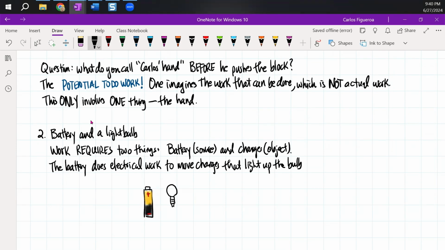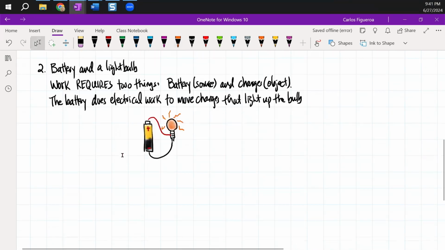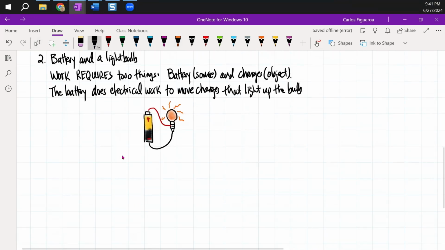The way I connect it is that I typically connect, let's say, a red wire to the side of the case, and then the black wire comes from the negative and it comes right to the bottom. So if you connect this, you're now pushing charges along the wire, and then the bulb lights up.